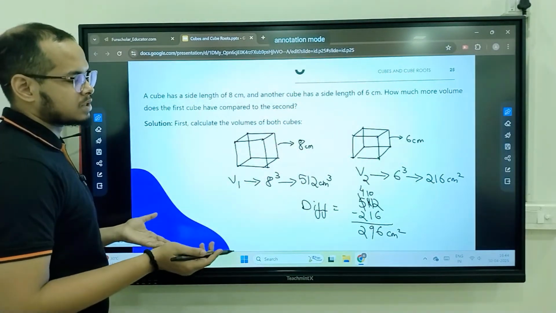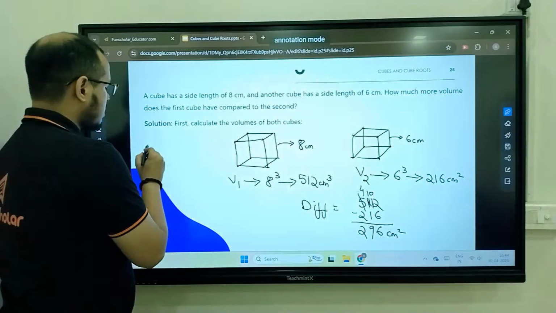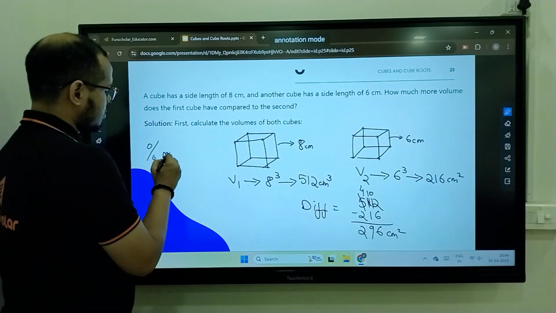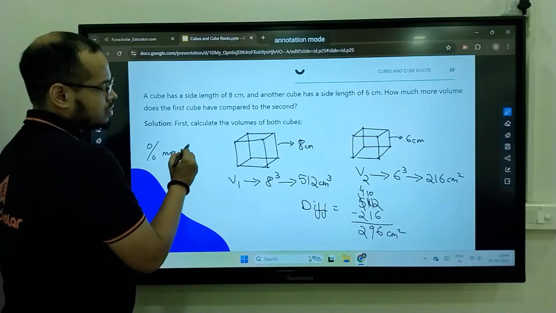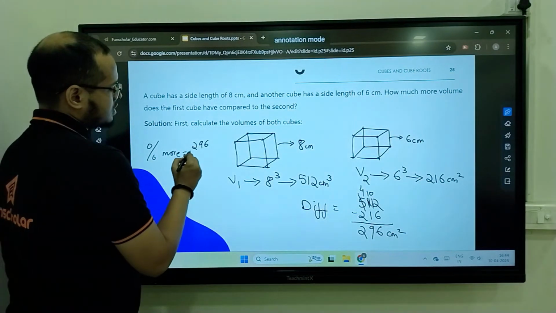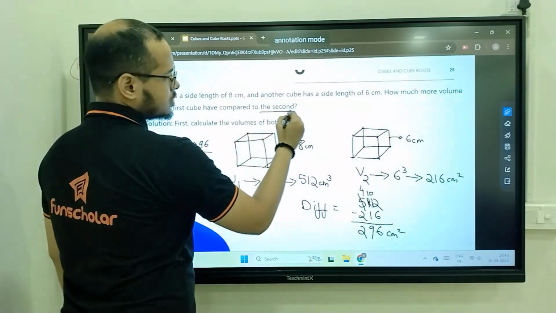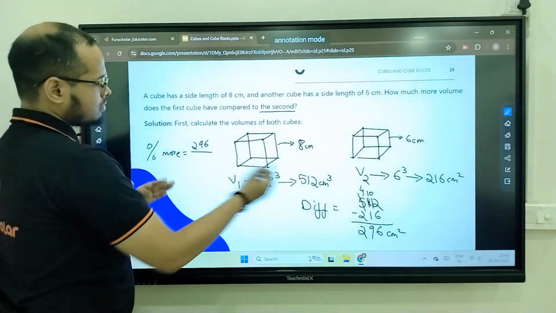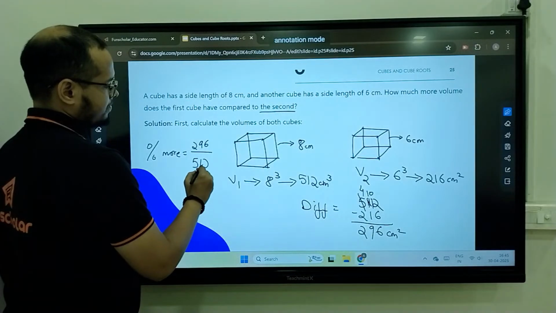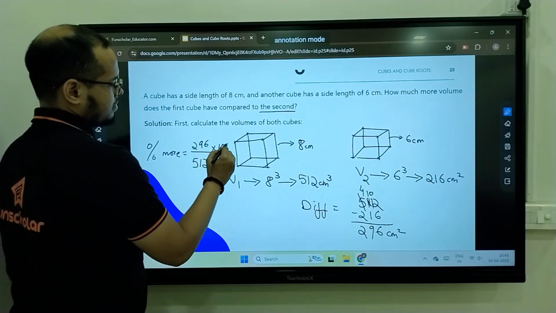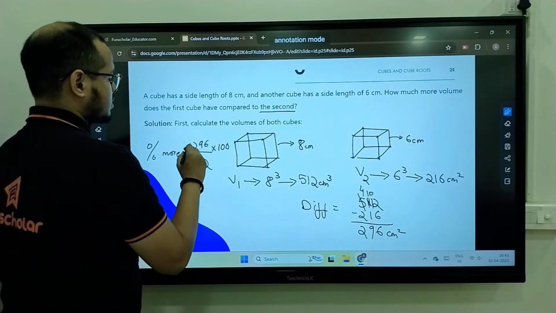If we want to give this answer in percentage, we can write percentage more is equal to 296 divided by the second volume, compared to the second portion. So that second portion will be in the denominator, into 100. Now let's try to solve it.